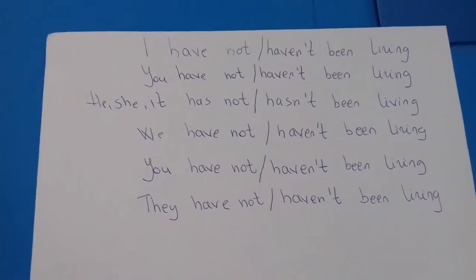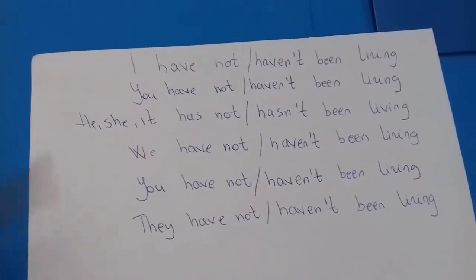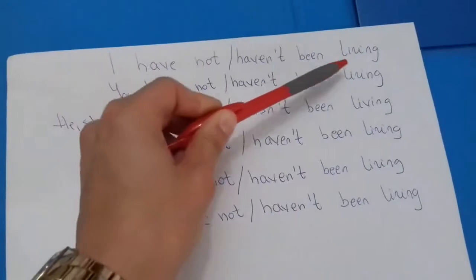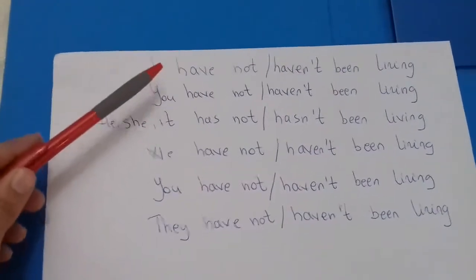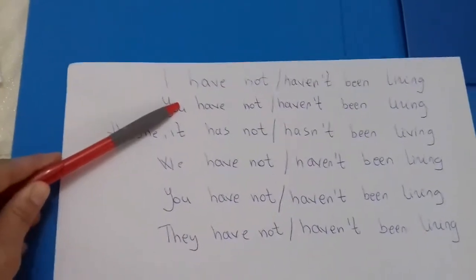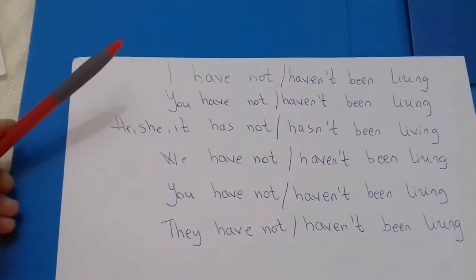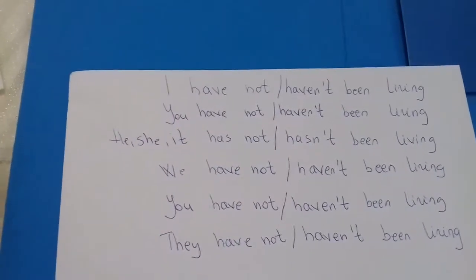What we have here is the negative of the present perfect continuous tense. I have not or haven't been living. What this means here is that we have contractions. A contraction is combining two words. In the English language, when people are speaking, they will shorten their speech by joining words together.